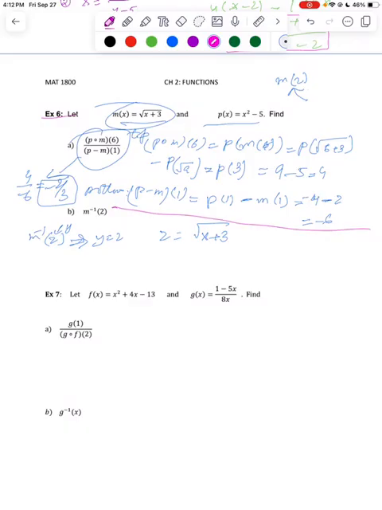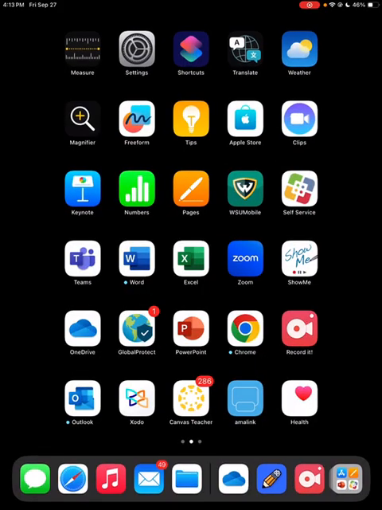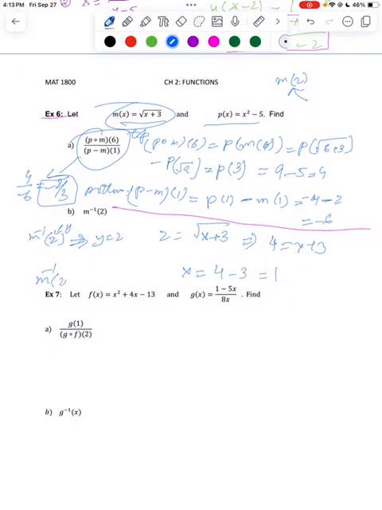So 4 is equal to x plus 3. So x will be equal to 4 minus 3, which is 1. So which means M inverse of 2 is equal to 1.